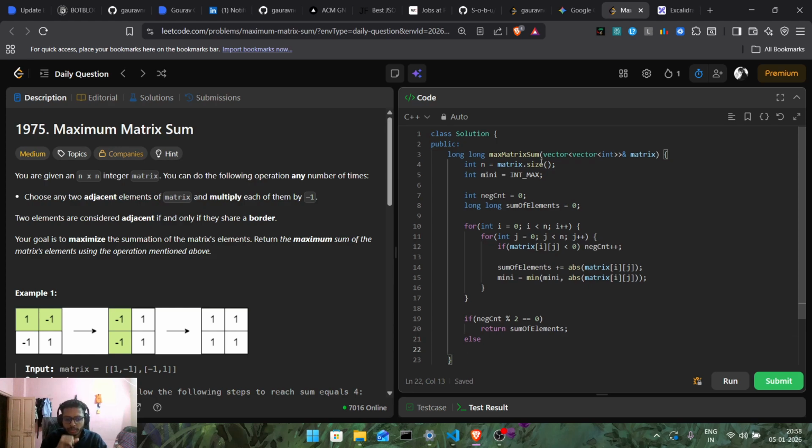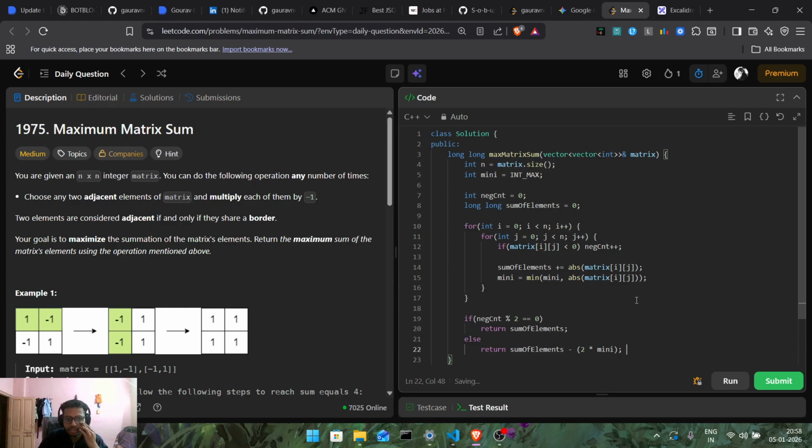Else, if we get an odd negative count, we return the sum of elements minus 2 into mini.